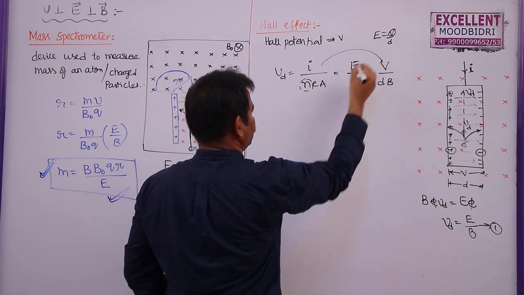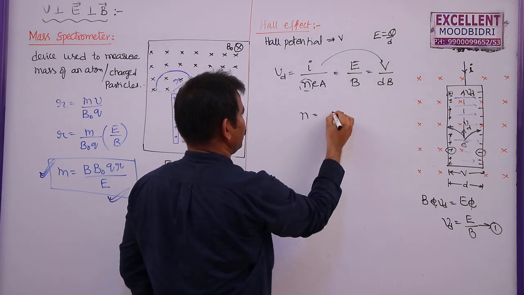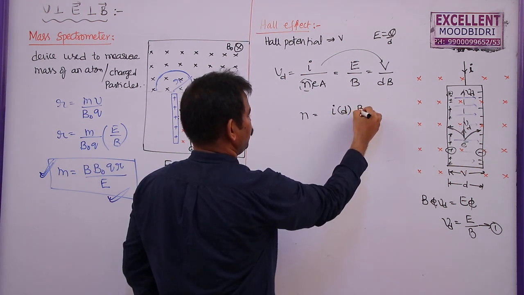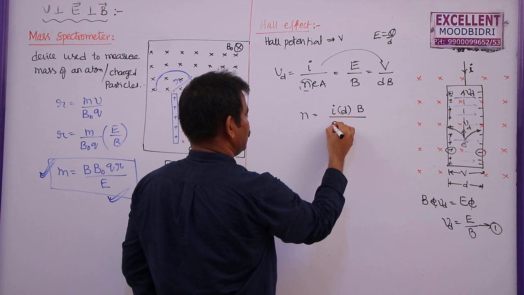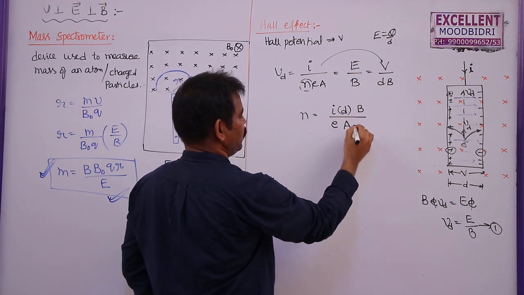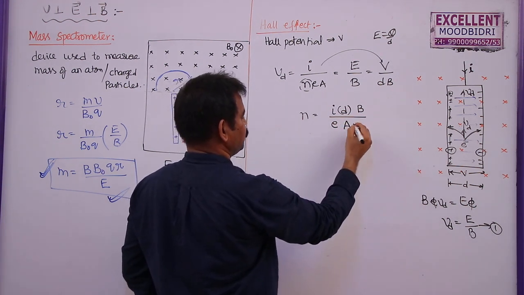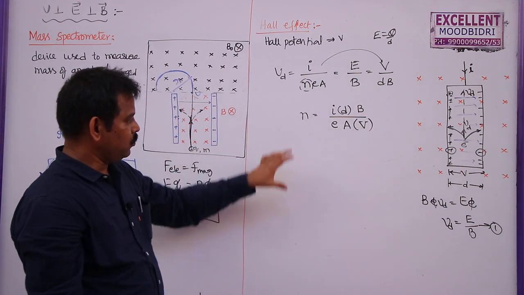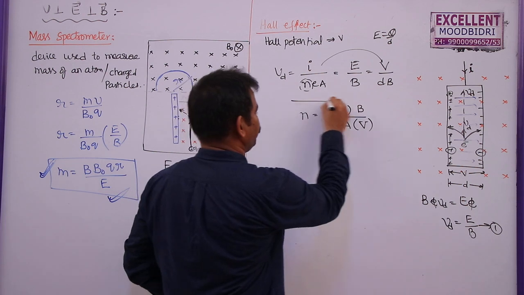So if you compare these two equations, N is given by current into width of the strip into magnetic field applied, divided by electric charge into area of cross section of this metallic strip into this Hall potential. By using this one, we can find the free electron density.